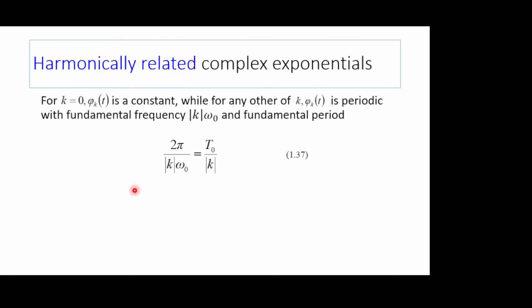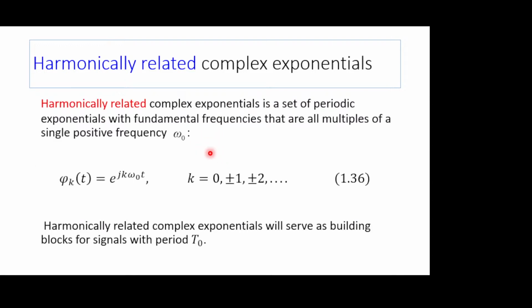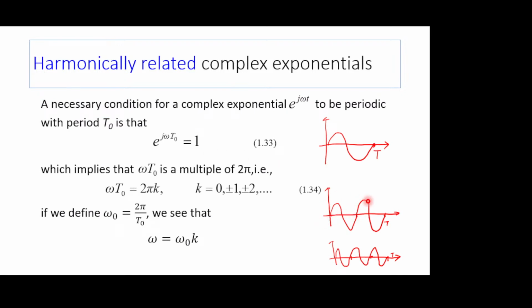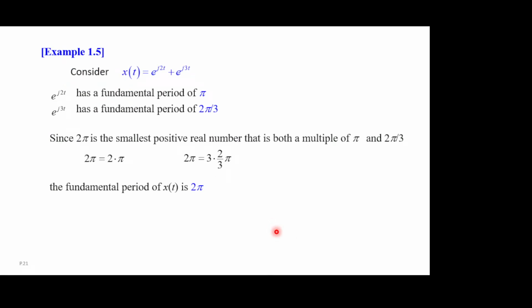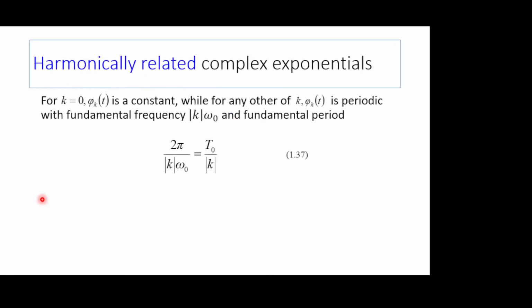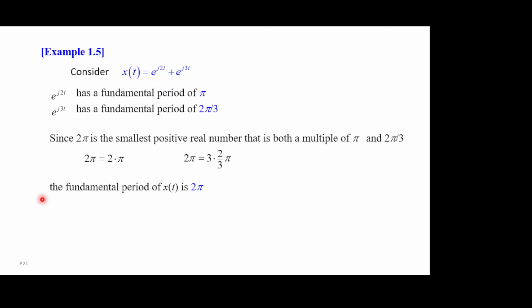So the frequency will be an integer multiple of omega naught, and the period will be a fraction of T naught, as we said before. You can see here the omega is twice, 3 times, and T is 1/2, and 1/3. Okay, so those are harmonics.